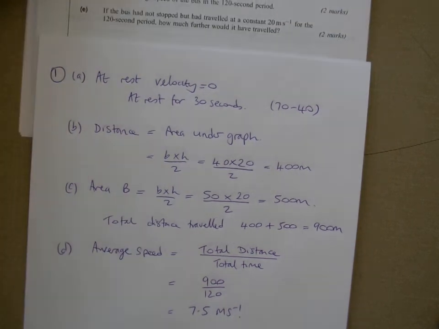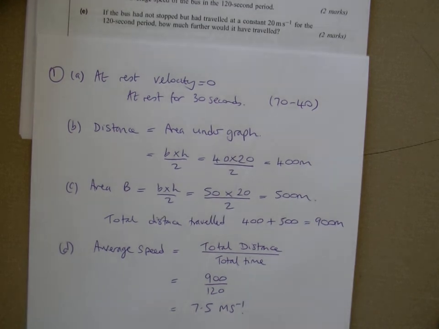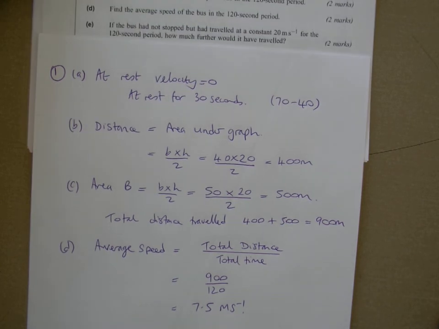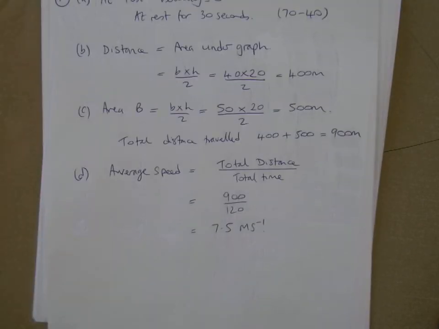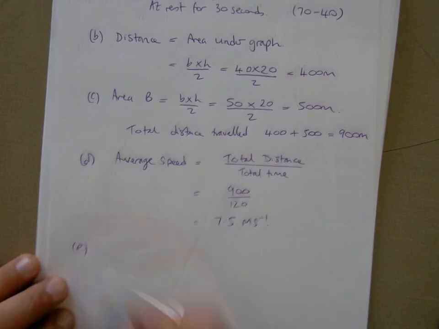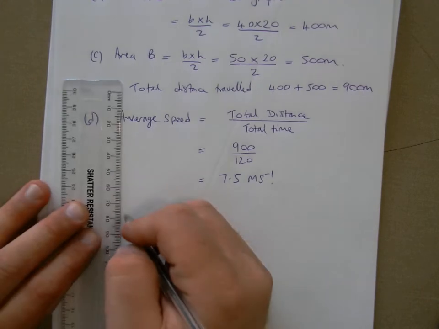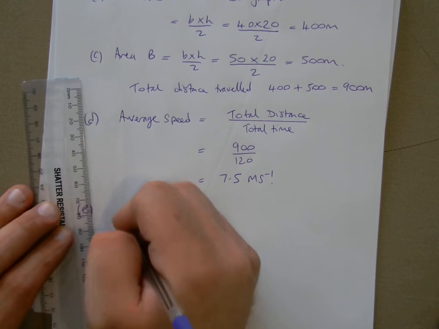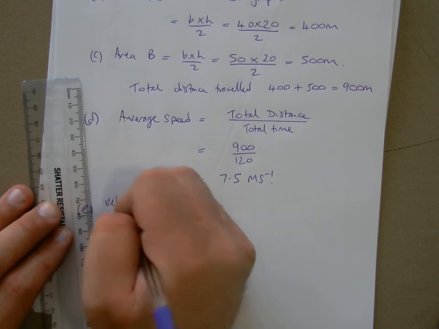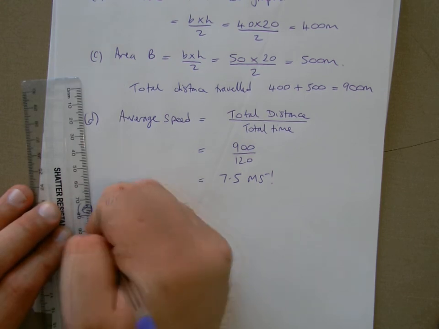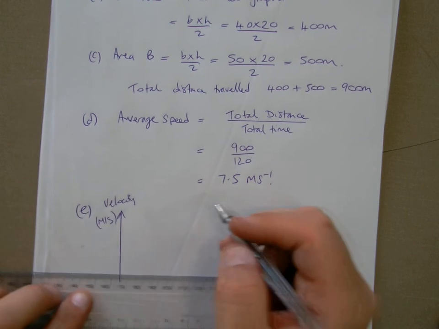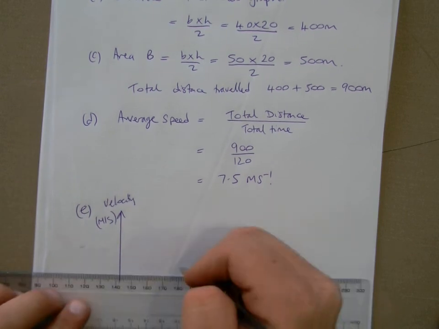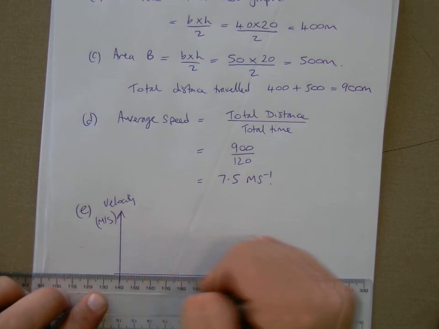Okay. Part E then, if the bus had not stopped, but had travelled at a constant 20 meters per second for the 120-second period, how much further would it have travelled? So essentially, in this case here with part E, we could even draw our own little velocity time graph here, okay? Just to show what exactly would happen if it hadn't stopped and it went at a constant speed.